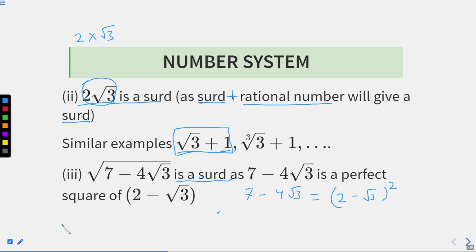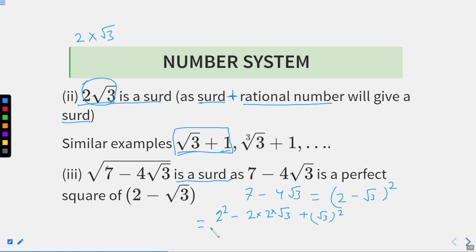Let's simplify that: (a minus b) square is a square minus 2ab plus b square, where b is root 3.